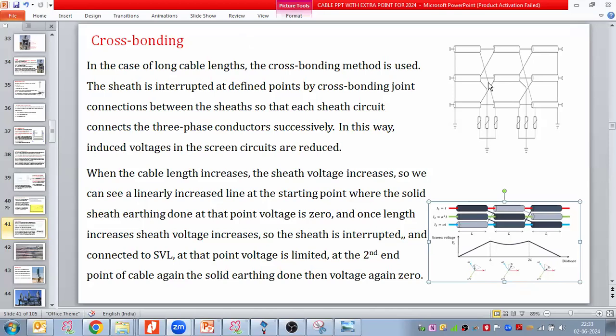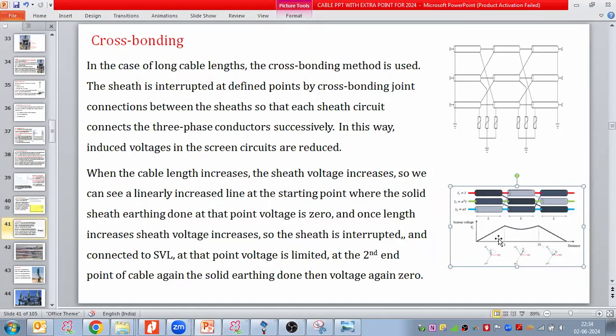This is cross bonding with interchanging of the sheath. There would be no recirculating current because you are not providing a whole continuous path. You have interrupted the sheath. The sheath is not continuous.